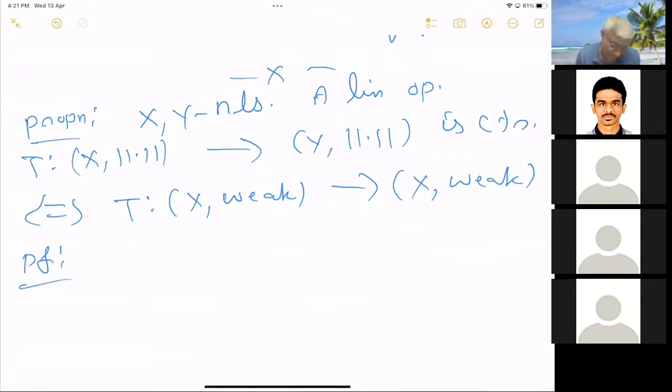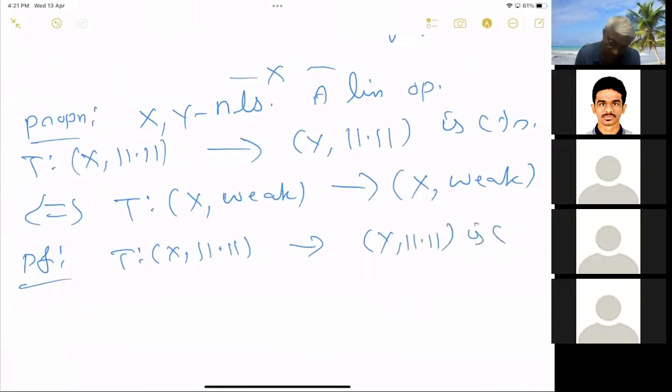Okay, so let's assume that T from X norm to Y norm is continuous. So this implies, if you have a bounded linear operator between two Banach spaces, as we have seen, then there is an adjoint corresponding to that.